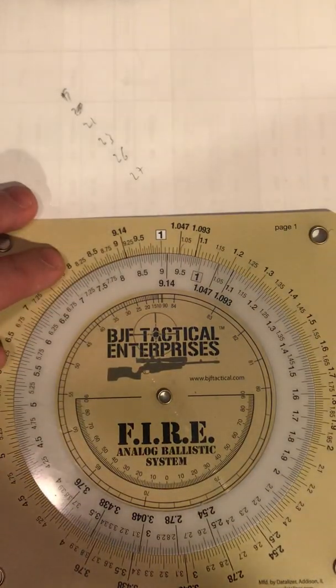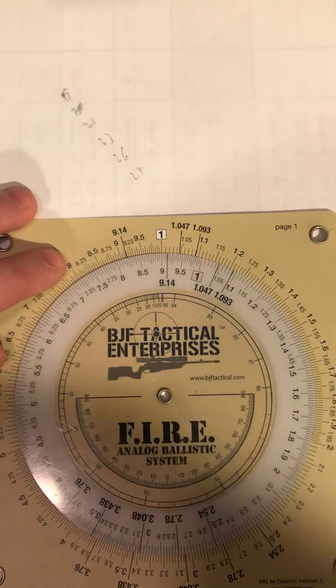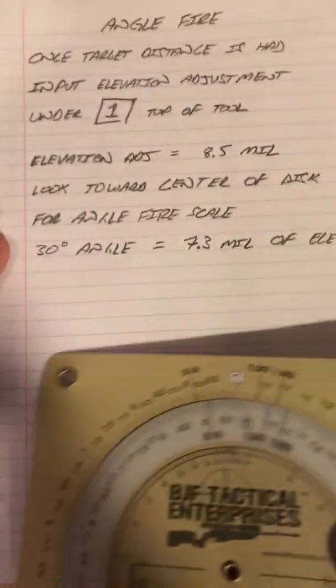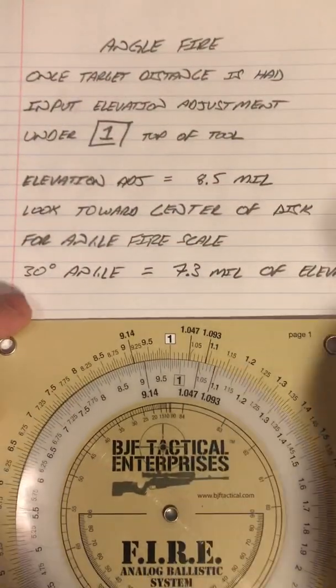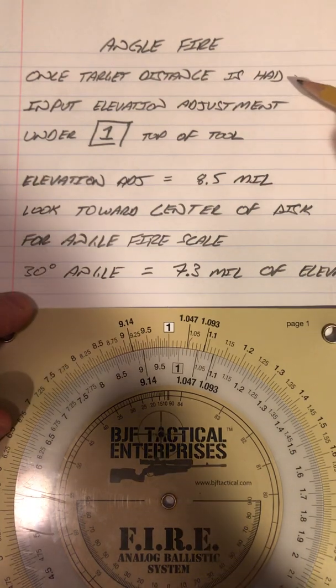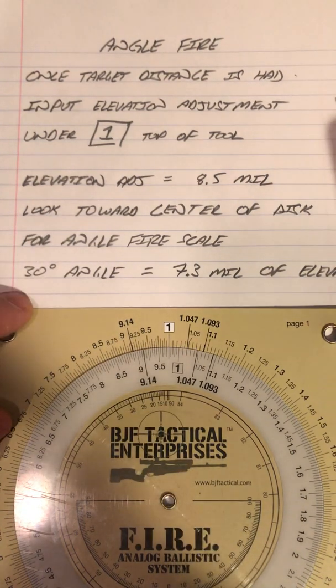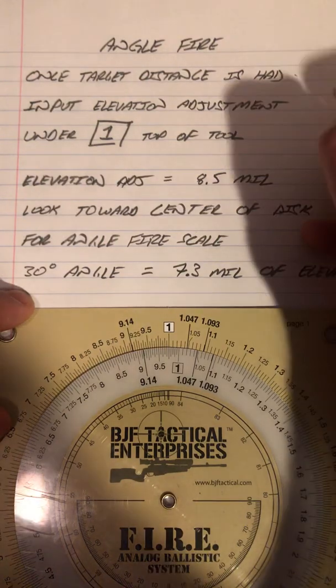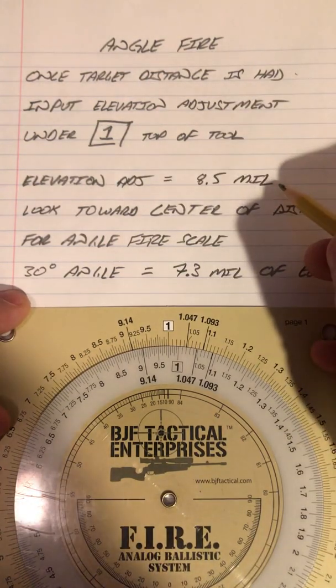Let's say we'll stay on the back side for angle fire. Okay, so once you have the distance to the target, so let's say your distance to target and your dope for that distance is let's say 8.5 mil.